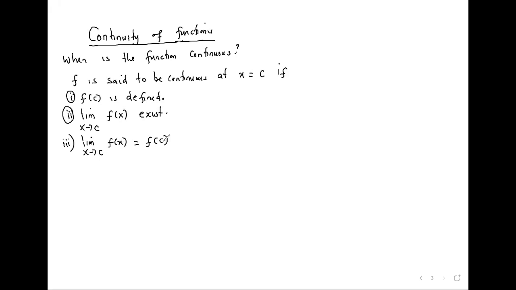Now let's go back to number two. When is the function said to have a limit? The limit will exist if the limit as x goes to c from left of f is equal to the limit as x goes to c from right. There will be functions that will require you to pick the limit from left and from right.